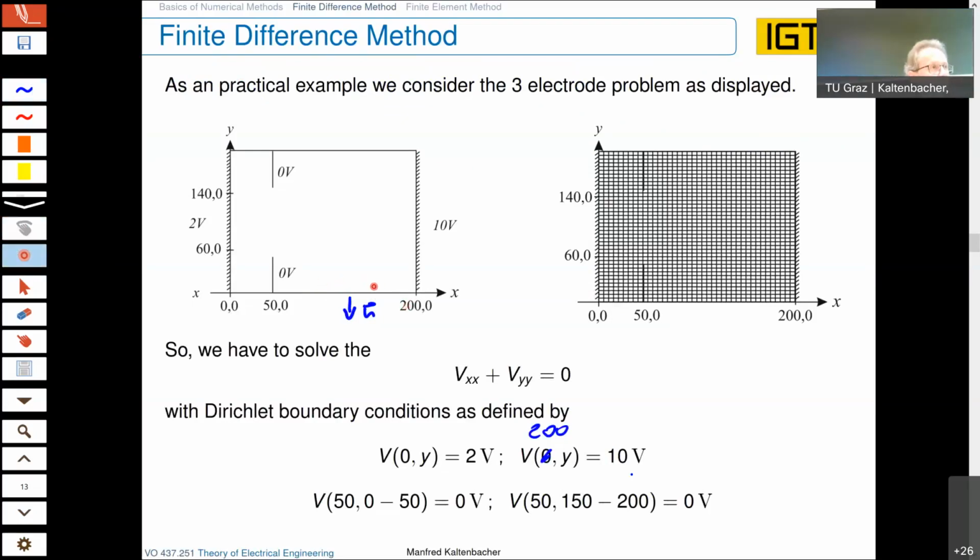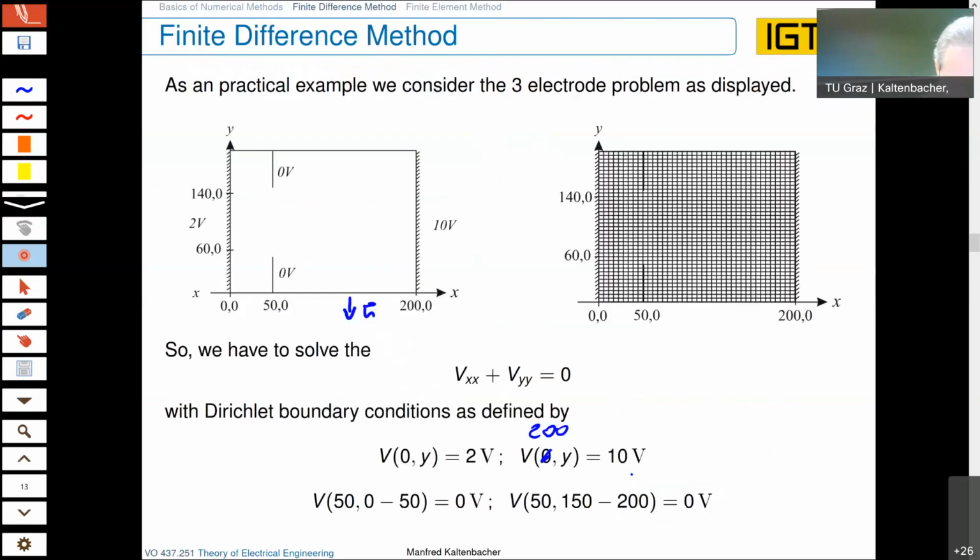Clearly, the larger you make your computational domain, the smaller the error you make from the physical point of view. But somewhere you have to limit it, and therefore, in this case, we limit it along these two lines with a homogeneous Neumann boundary condition.